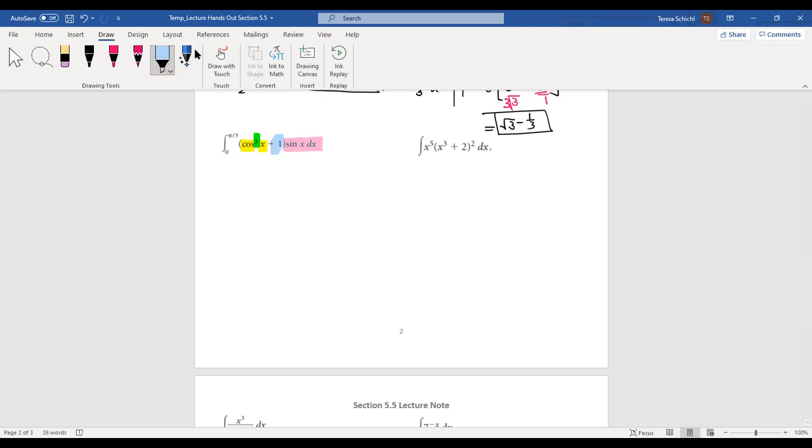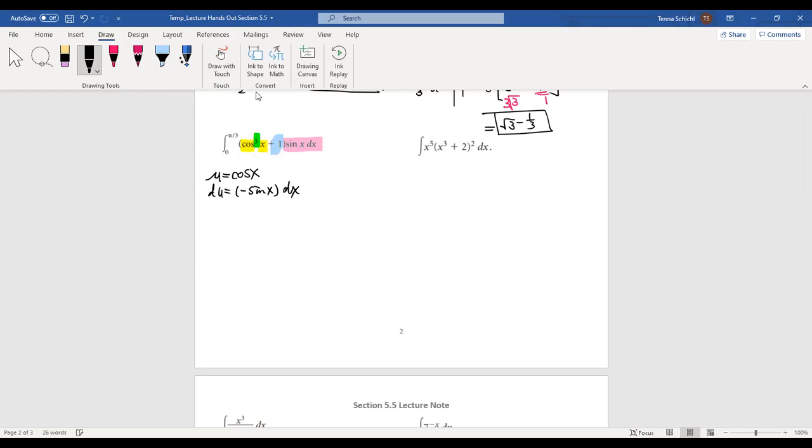Okay, now let's see, how do I change that? So I will say u equals what? Cosine x. So we say u is equal to cosine x. Then du is equal to negative sine x dx.